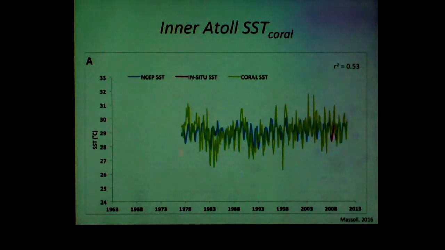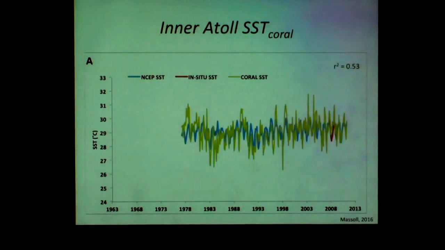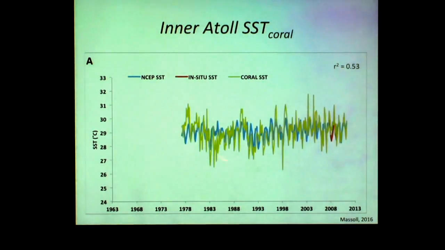And the blue line is the satellite SST data. And then the green is taking that relationship between the in situ data and the strontium calcium from the corals, making a regression line, and saying, okay, this is the relationship, now we're going to plug in our values and turn it into SST.